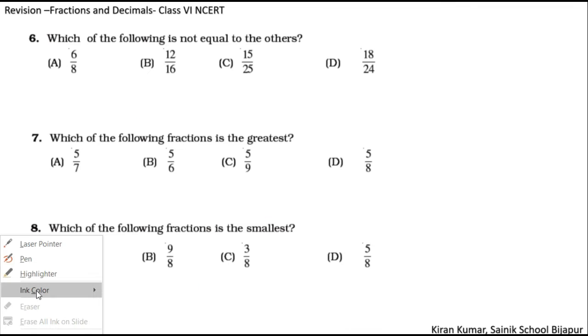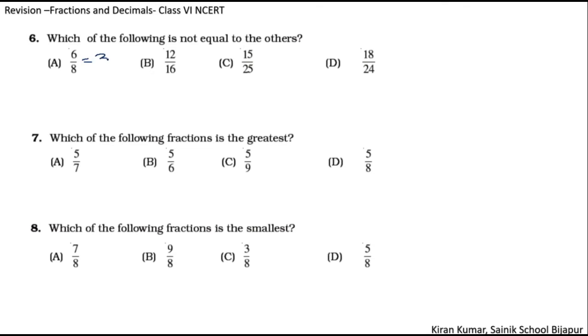Question number 6 is, which of the following is not equal to the others? Here I can reduce these fractions. If I divide this fraction's numerator and denominator by 2, I'll get 3 by 4. This one I will divide by 4, it becomes 3 by 4.